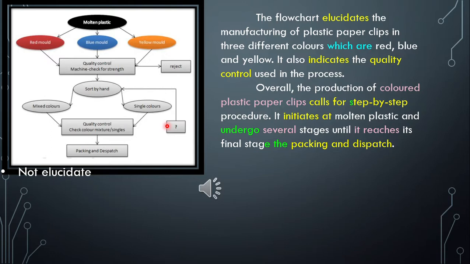Anyway, even in task 2, you don't have enough time to, well, okay, the flowchart does not elucidate it. You need a book to elucidate something. Okay, "3 different," every word is important. "3 colors, which are red, blue, and yellow." Yeah, that's not even a good complex sentence. "3 different colors," colon, "red, blue, and yellow."